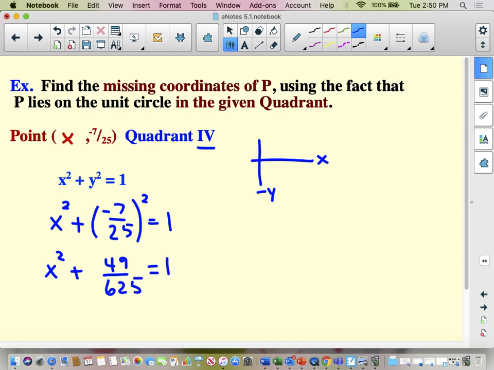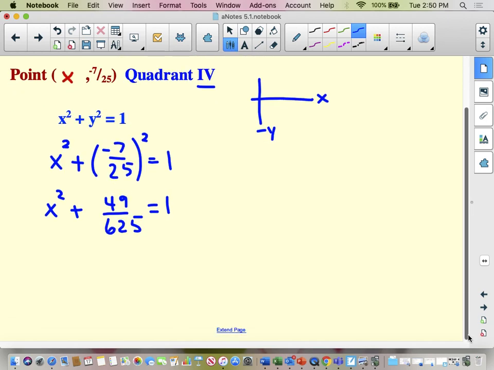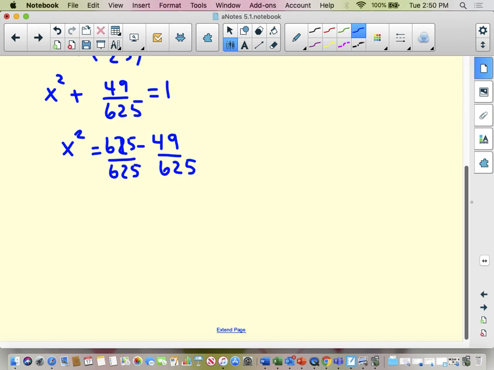Okay, and then it's a little bit of algebra. So I'm going to subtract over the 49 over 625, and common denominator says that 1 would be 625 over 625, and when you subtract those, let's see, 625 minus 49, that'd be 576, and then to solve for x you would square root. Again, I'm just kind of going through the algebra quickly, assuming you're okay with this.